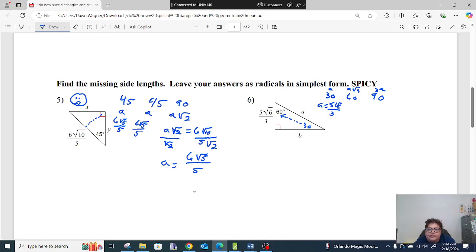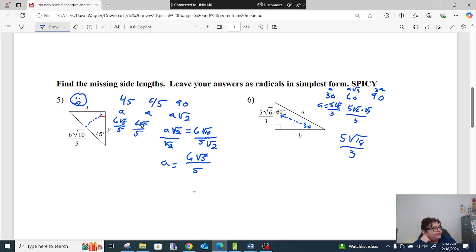So this one I'm just multiplying by the square root of 3. When you're multiplying, you'd put it in the numerator. When you're dividing, you'd put it in the denominator, right? Does that make sense? Okay, so this one you do 5 square root 6 times square root 3 over 3. And I get 5 square root 18 over 3.